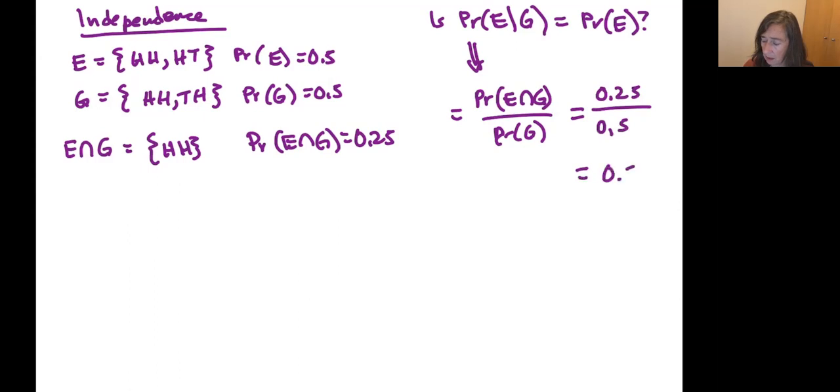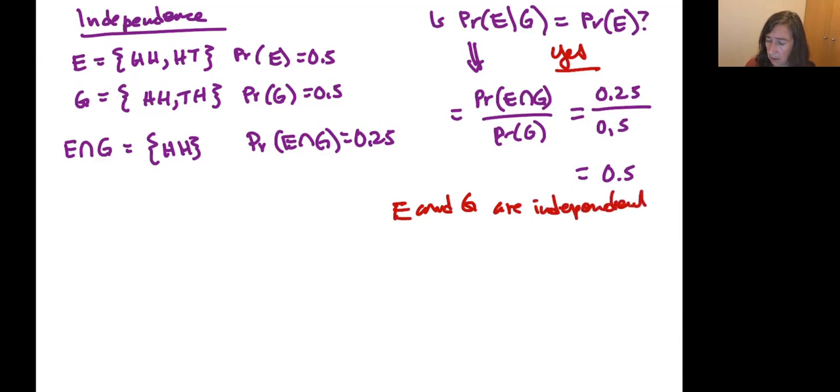Oh, look. In this case, yes, I don't learn anything from G. It doesn't change my beliefs about E at all. And that is because E and G are independent.